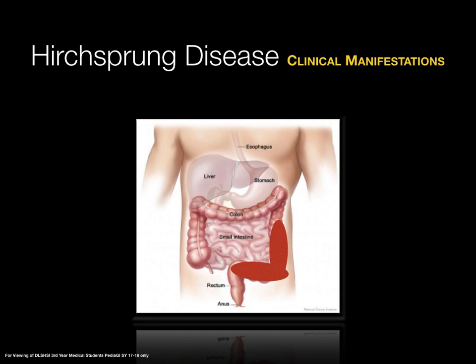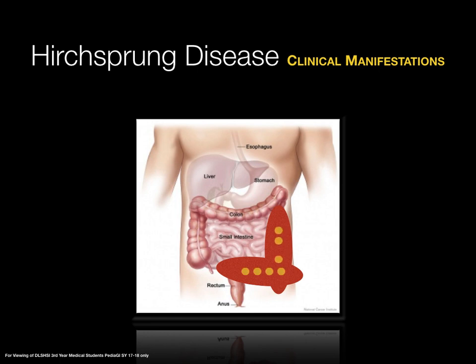Failure to pass stools leads to dilatation of the proximal bowel and abdominal distension. As the bowel dilates, intraluminal pressure increases, resulting in decreased blood flow and deterioration of the mucosal barrier.